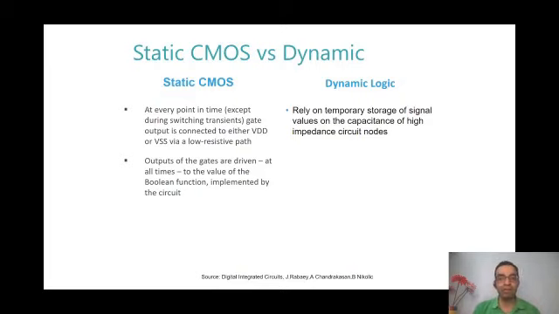If it's a dynamic memory, then you have DRAM, where you have a capacitor on which you store charge. So in dynamic logic, there will be some input combinational state where the output is not driven by anything else, but is dependent on some charge stored on some capacitance.